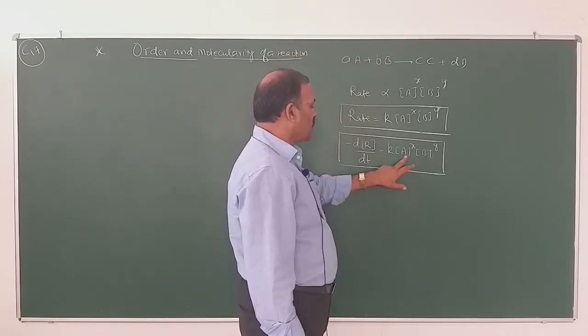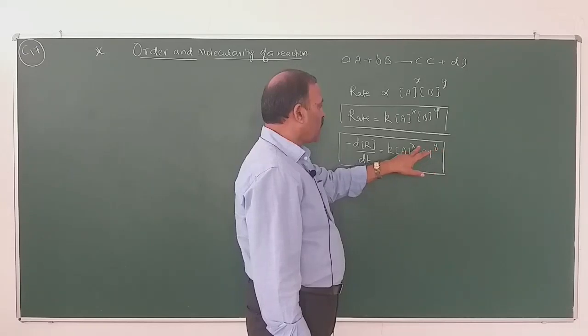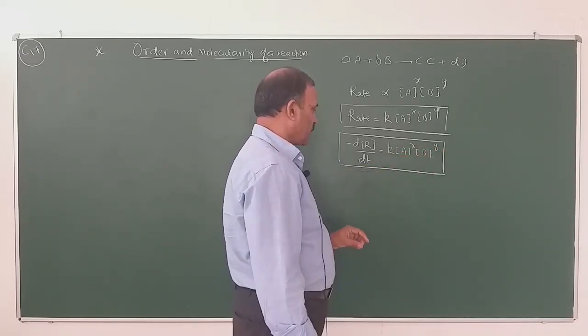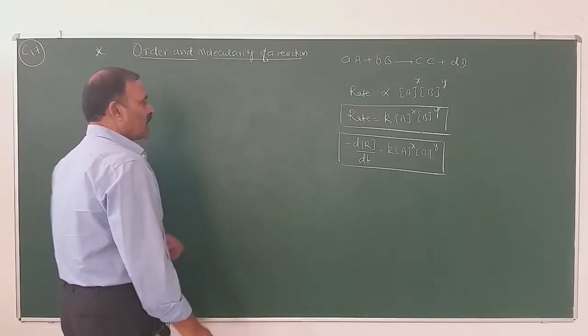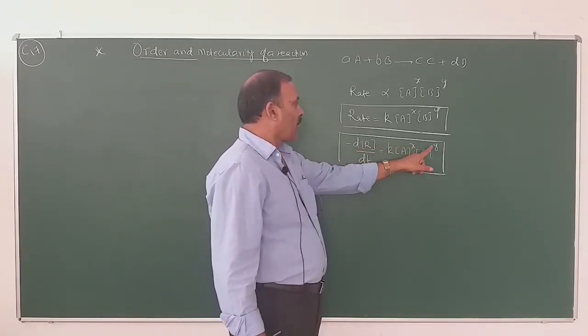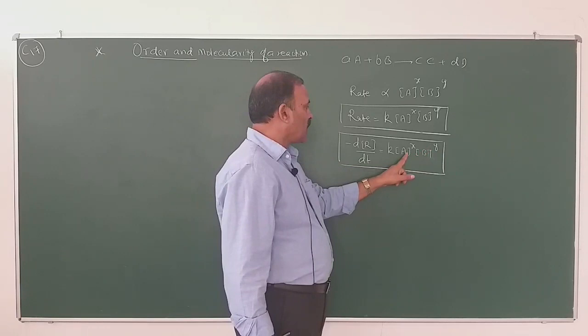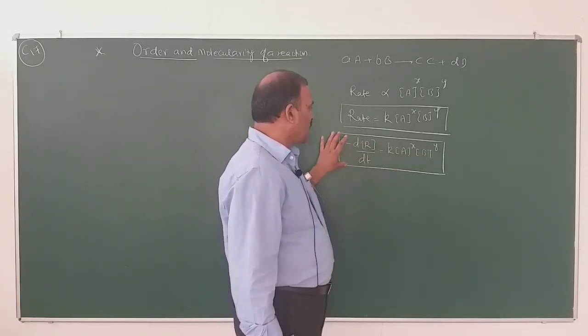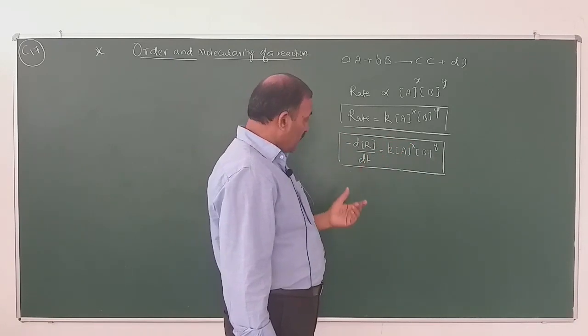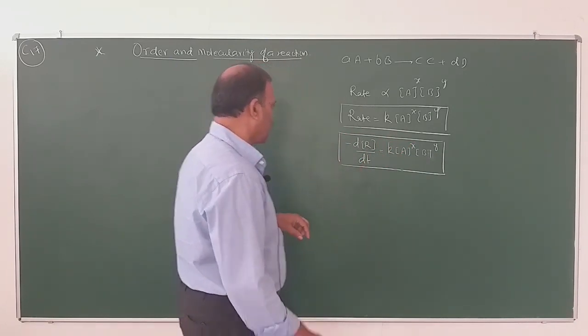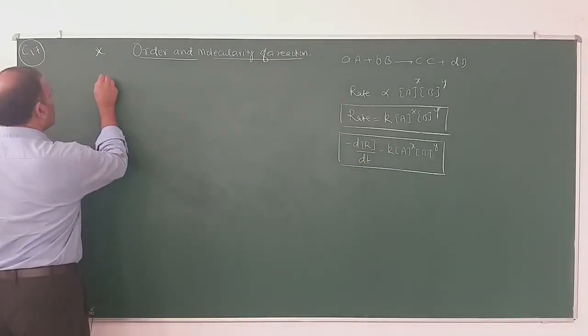Here these are the concentration terms, these are the powers to the concentration terms. So now what is order of reaction? What is the definition? Sum of the powers of the concentration terms in the experimentally determined rate expression is called order of reaction.